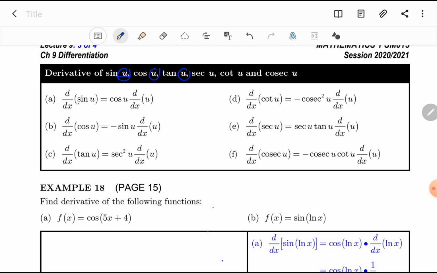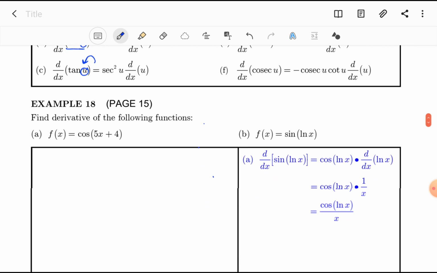So differentiate sine u will be cos u, and we need to differentiate the angle, du dx. Differentiate cos u is negative sine u, differentiate u. Next, tangent u will be sec square u, and then differentiate u, and so on.